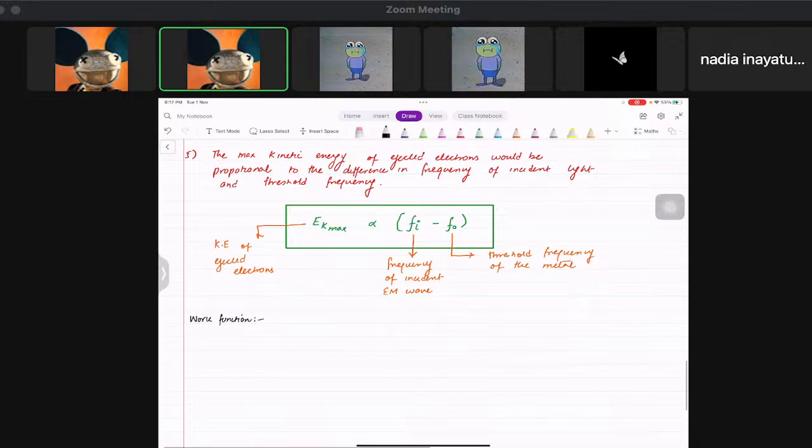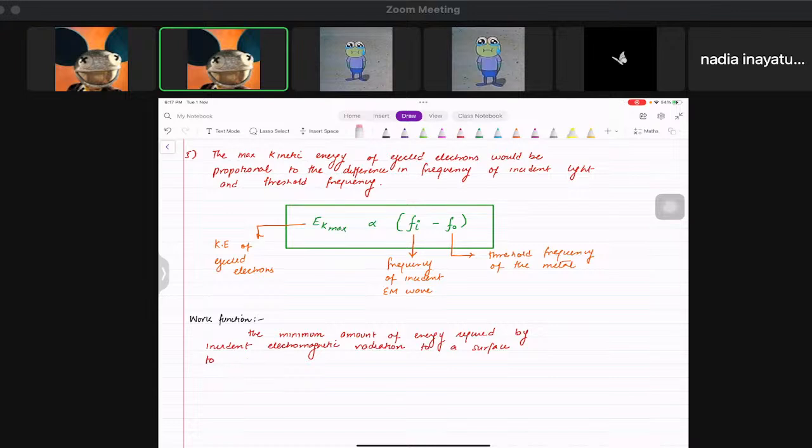And work function is basically defined as the minimum amount of energy required by incident electromagnetic radiation to a surface to release.